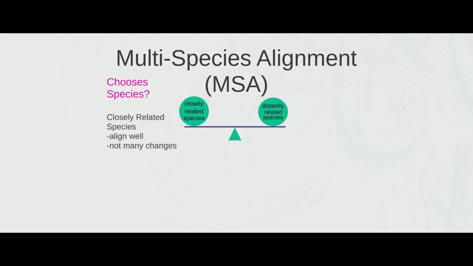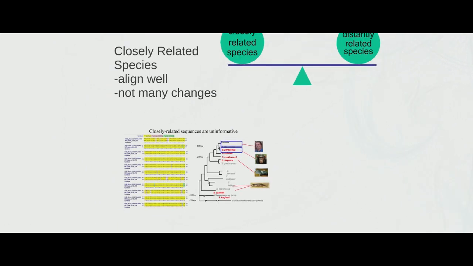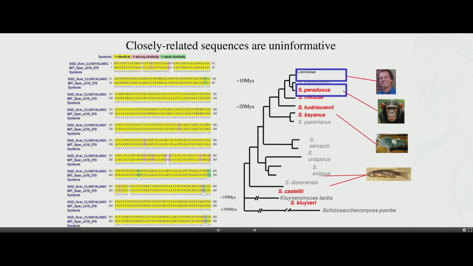Because with closely related species, the good thing is that your sequences align really well. But the bad thing is you don't see many alleles, right? There are not many mutations in closely related species. So you don't get a lot of data. So you can see this here. This phylogenetic tree has lots of different species of yeast.